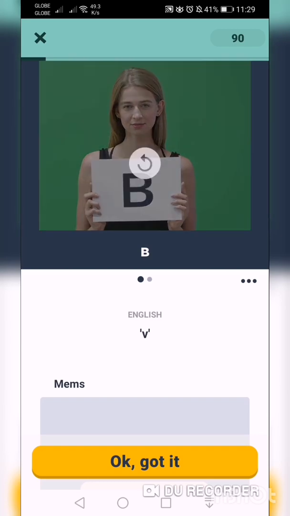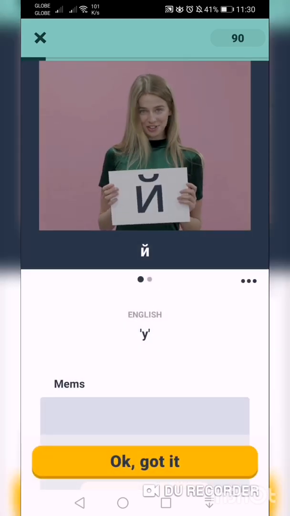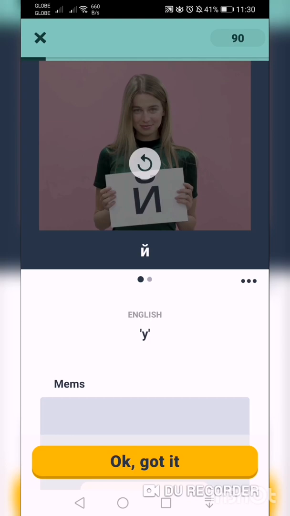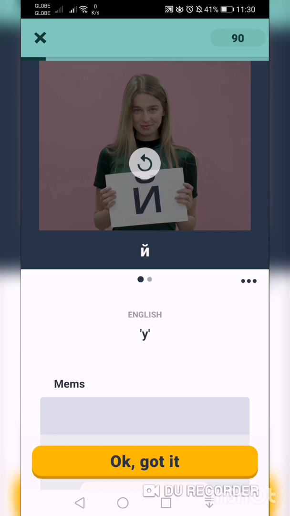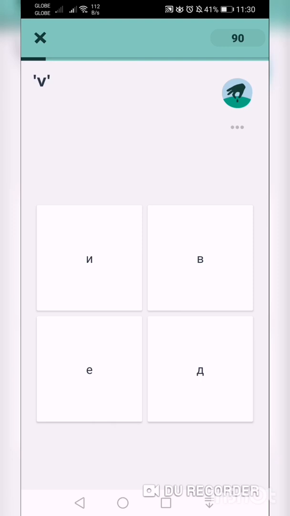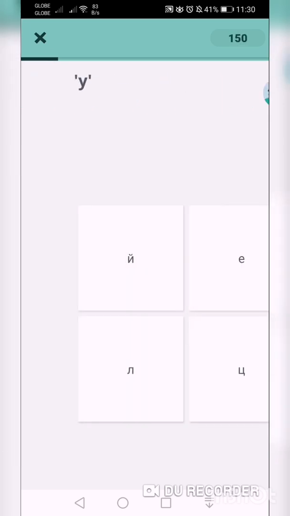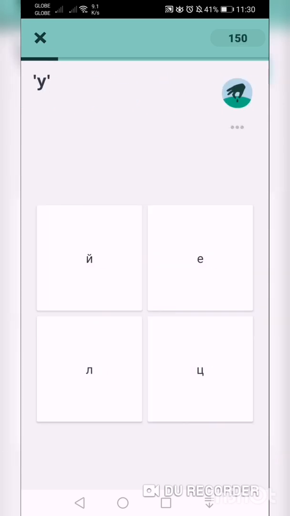В. It looks like B, but the sound is V, as in the letter V. The Russian B-looking letter is V. And the Й is going to be like a reversed letter N with a little mustache at the top.